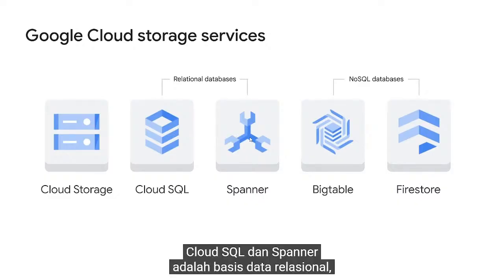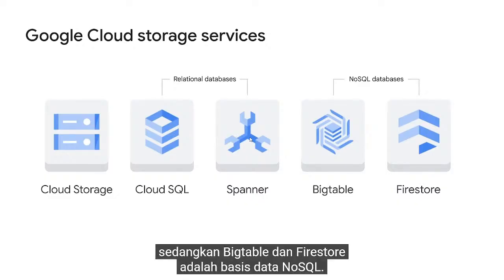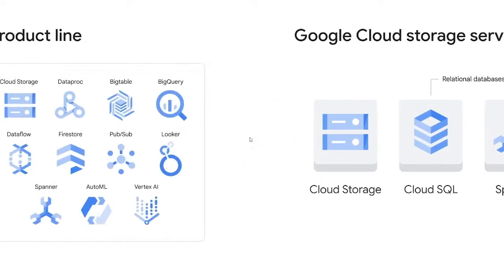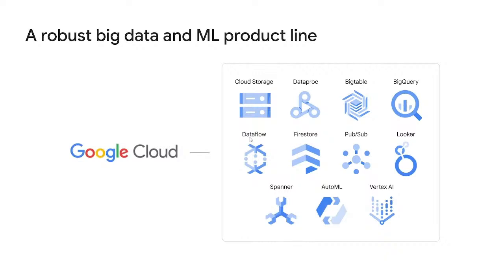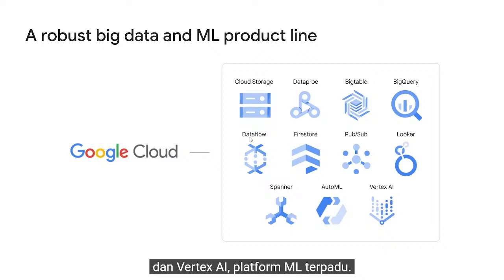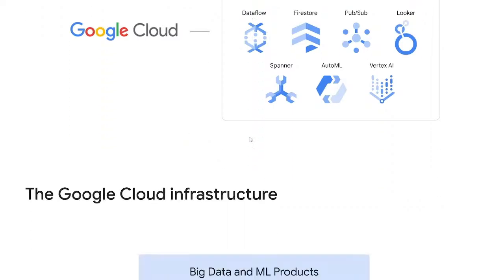Cloud SQL and Spanner are relational databases, while Bigtable and Firestore are NoSQL databases. And then there's a robust big data and machine learning product line. This includes Cloud Storage, Dataproc, Bigtable, BigQuery, Dataflow, Firestore, PubSub, Looker, Spanner, AutoML, and Vertex AI, the unified ML platform.